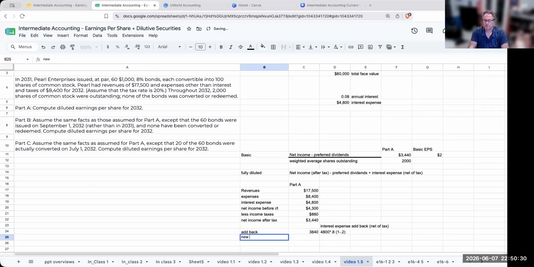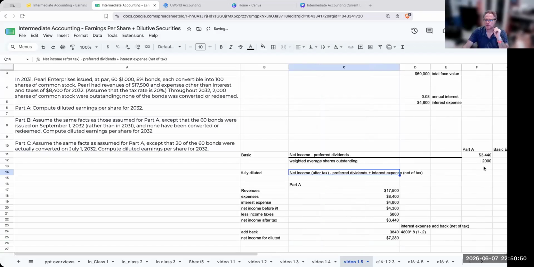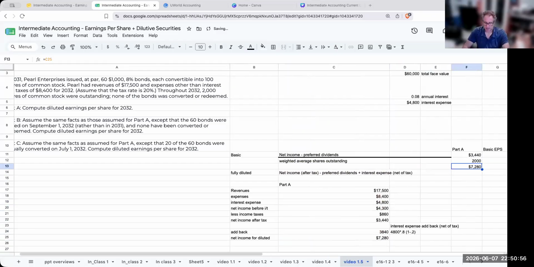So my new net income, or my net income diluted, is going to be 7,280. So under fully diluted, this is going to be here at 7,280. Now, I then need to go through and say my weighted average shares outstanding plus the bond conversion.